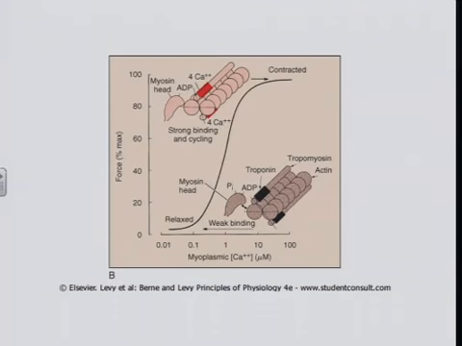So, calcium. Where does calcium come into this? Well, you need calcium there, and you need a lot of it. So you have your calcium binding group on your troponin connected to your tropomyosin. You have your myosin head group. ADP is here. It's all ready to go.